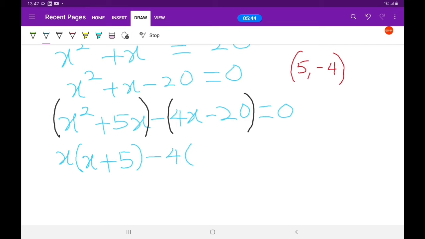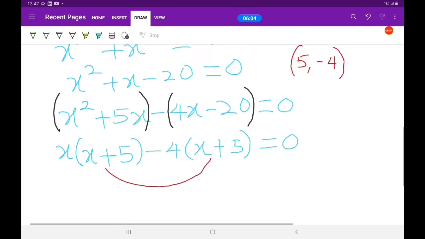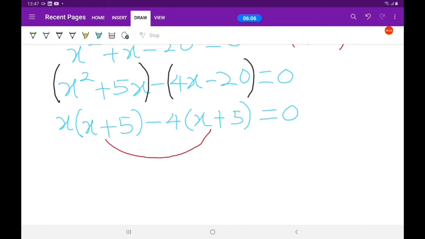Negative 4 in negative 4x will give us x. And negative 4 in negative 20 will give us plus 5. So in a quadratic equation using the factorization method, this part will always be the same. Please note that. So we pick 1 because they are common. So that will now be x plus 5.